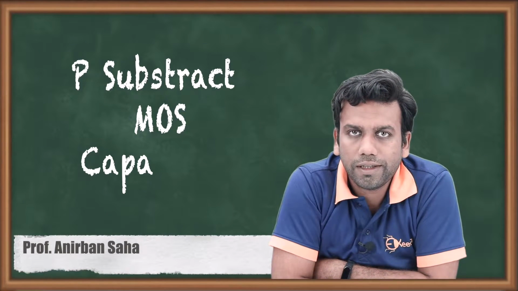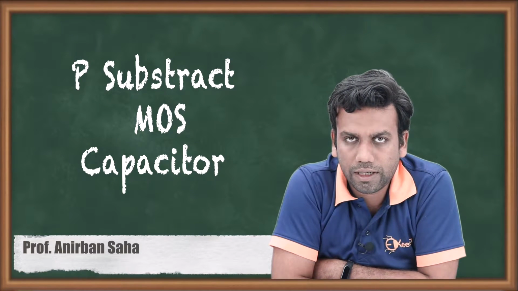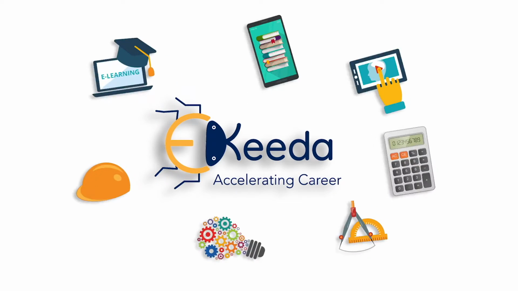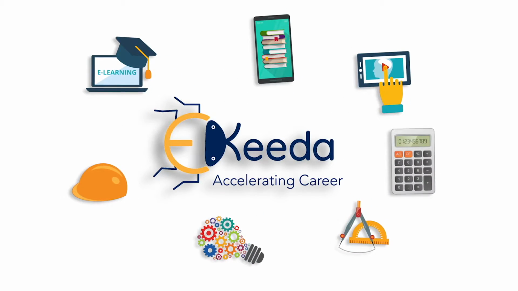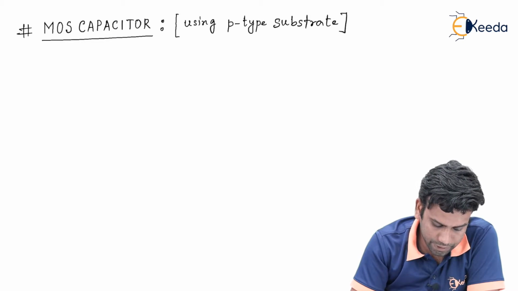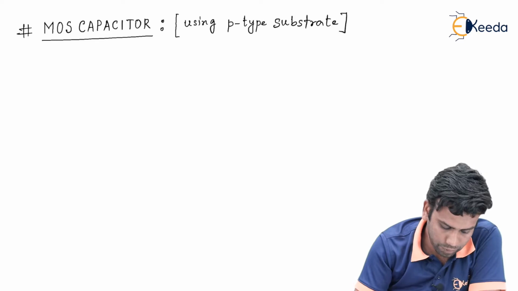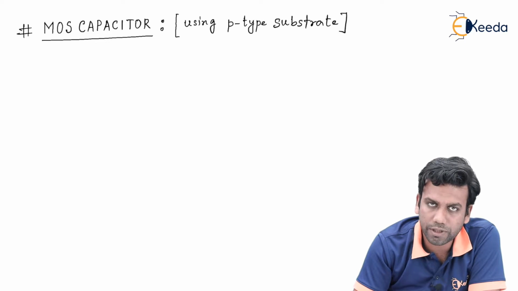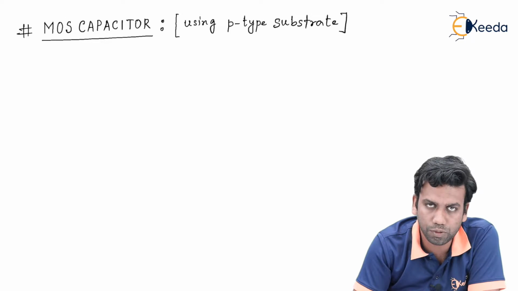Hello friends, in this video we are going to discuss the MOS capacitor with p-type substrate. We know that the MOS capacitor is the heart of the MOSFET, and these MOS capacitors are generally of two types.